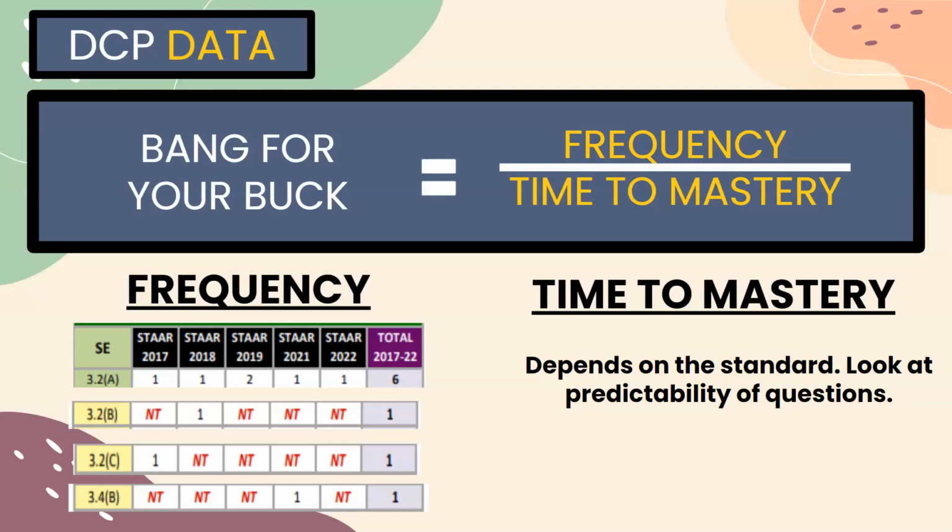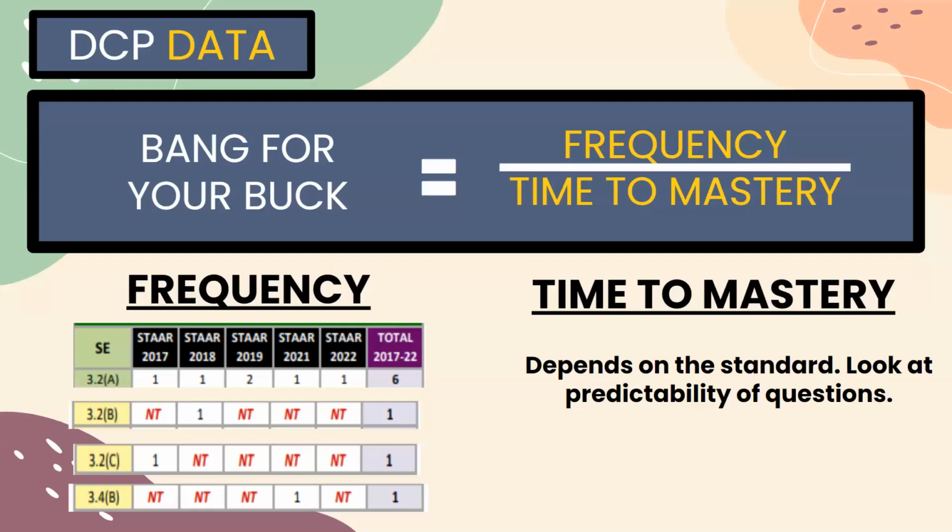Okay, now let's look at 3.2b, describe mathematical relationships. You'll notice that this is a supporting TEK and it's only been tested one time at all since 2017. And this is one that is very wordy and not very easy for students to read and grasp understanding of.